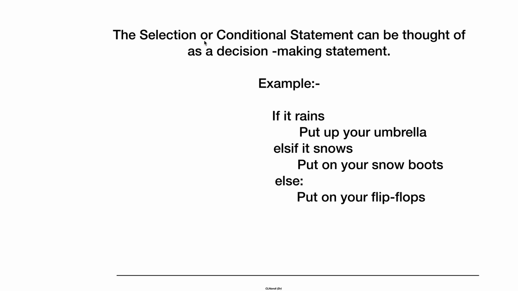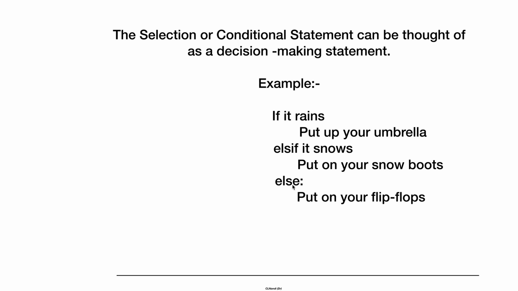So the selection or conditional statement can be thought of as a decision-making statement. An example in layman's terms: if it rains, so if the condition is that it is raining, you put up your umbrella. Else, if it is snowing, the condition being that it is snowing, you select the option of putting on your snow boots.